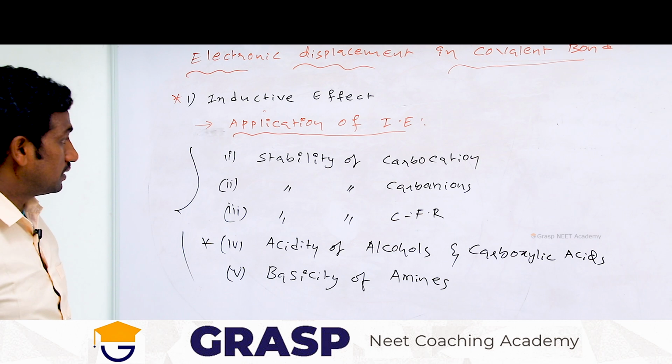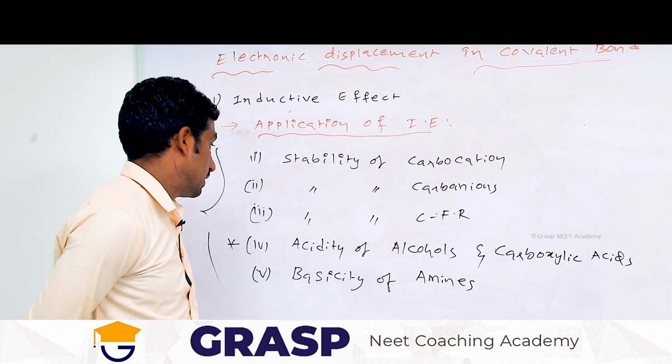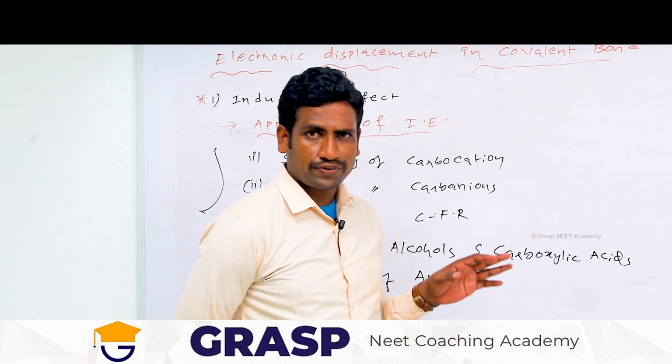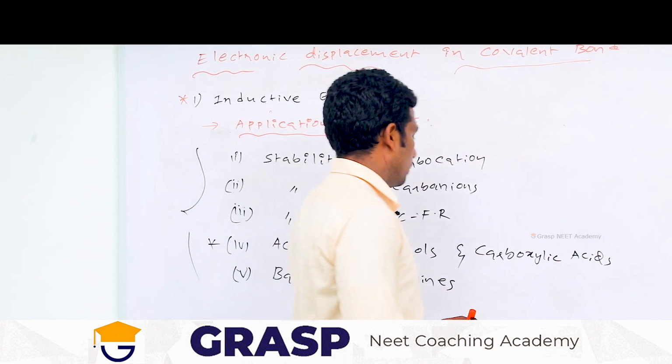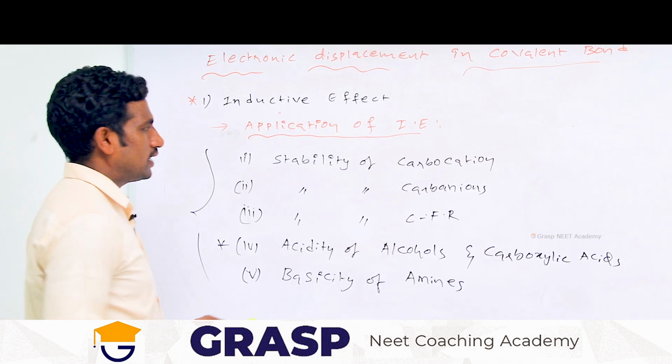So the main application of the inductive effect is this. It can explain the stability of the carbocations, the stability of the carbanions, and the stability of the free radicals. I already said for carbocation, in this one don't consider benzyl carbocation and allyl carbocation.